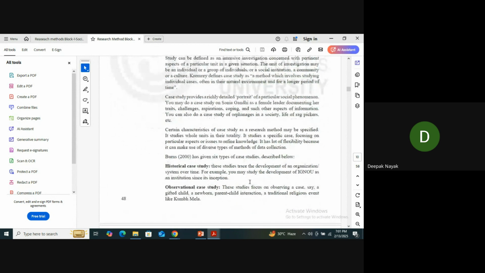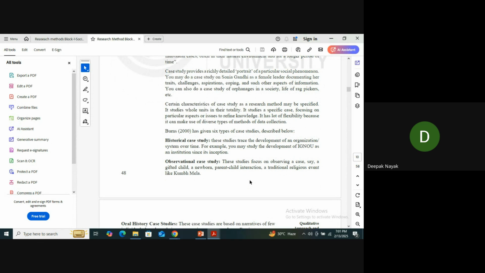Suppose you are conducting a case study of child labor, then you have to look at the entirety of the child's background: socioeconomic background, genetic background, parental situation, social environment, peer group situation, and other immediate causes.